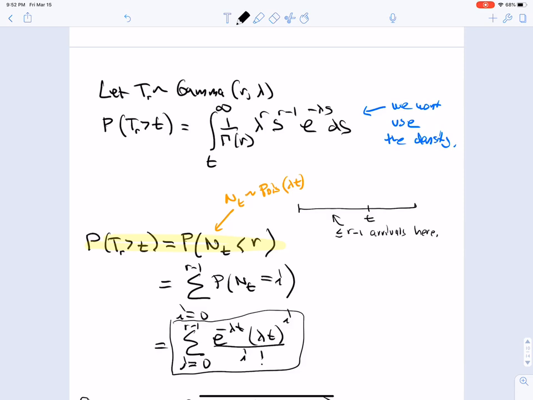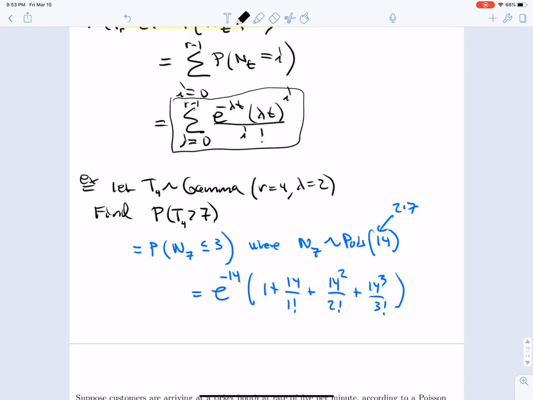Here I've tried to show that in this picture. So I necessarily have less than or equal to r minus 1 arrivals before t. That's equivalent to saying that N_t is less than r. And finding the probability that N_t is less than r is very easy, because it's just a discrete distribution.